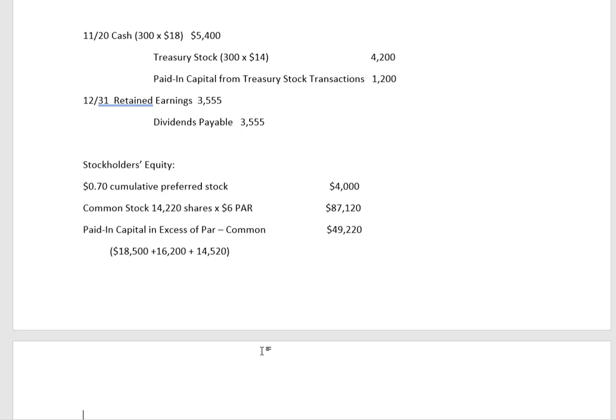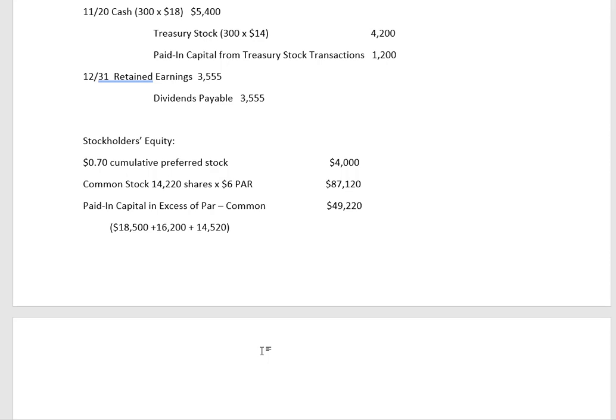And then last but not least, in this case, we have paid in capital from treasury stock transactions.